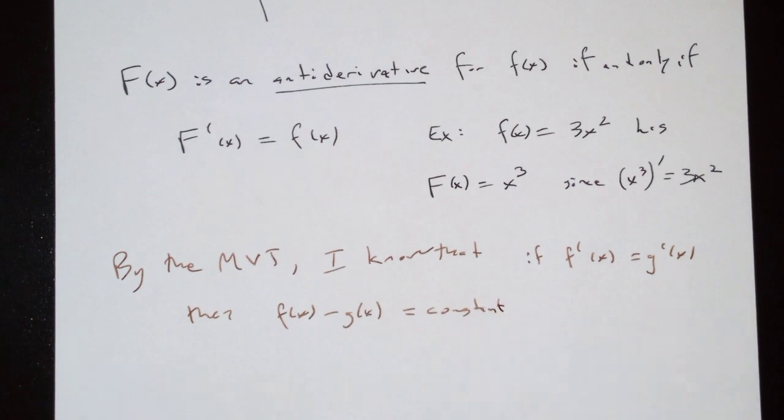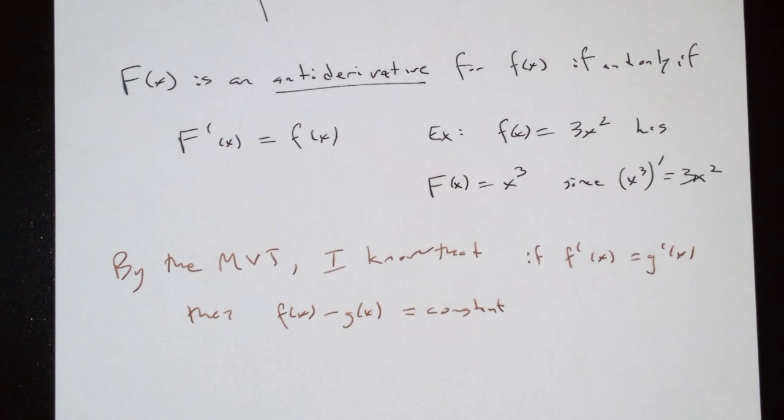Hey, wait a minute. I need to be sneaky up here. The sentence I said about antiderivative, right here. F of x is an antiderivative, not the antiderivative. That means there's more than one.